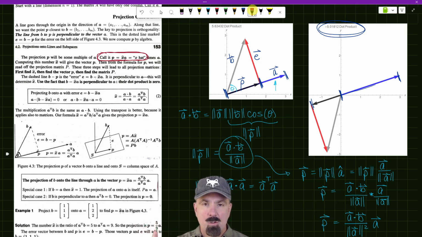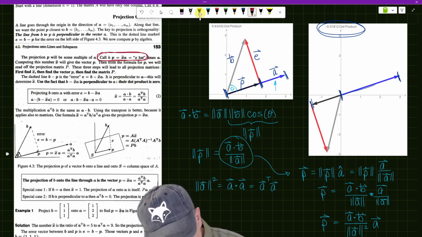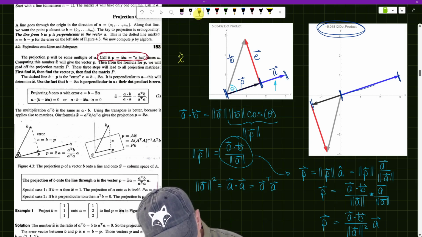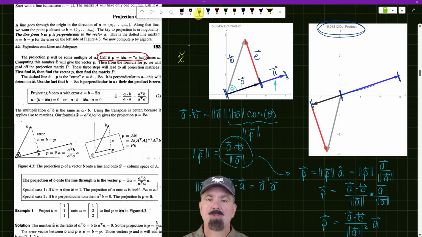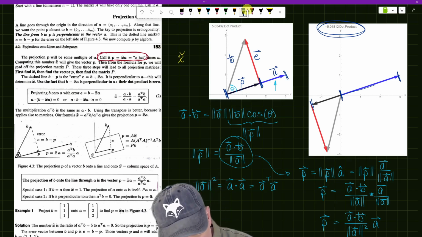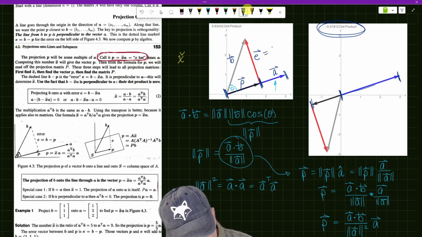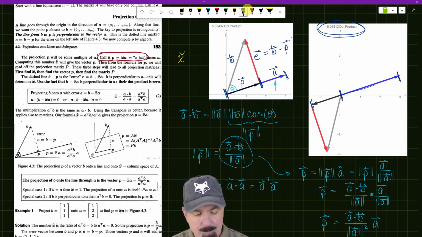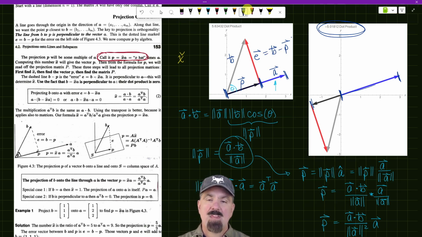So every time I refer to this constant, instead of x hat, I'm going to refer to it as x with a chevron, an upside down hat, if you will, just so we don't confuse it with a unit vector. The error vector, for completeness sake, is equal to the b vector minus the projection. So this is the amount that we are incorrect if we're trying to use p as an approximation for b.